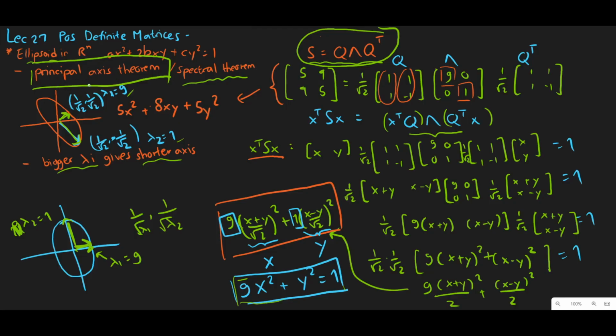And it is called the principal axis because it gives you the idea of the main axes that construct this ellipsoid in R, in this case two-dimensional R. So again, to recap, this factorization is the principal axis theorem because it explains the axes and how far they are stretched, which is determined by the eigenvalues, in this case 9 and 1, and the bigger eigenvalue gives the shorter axis, as you can see here.